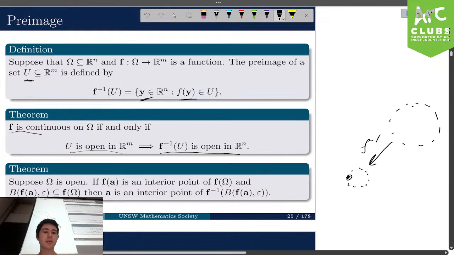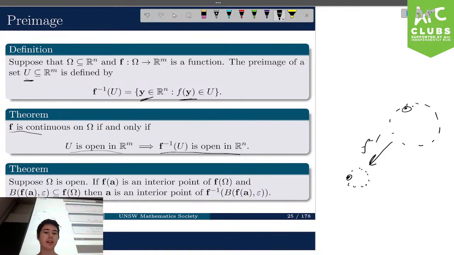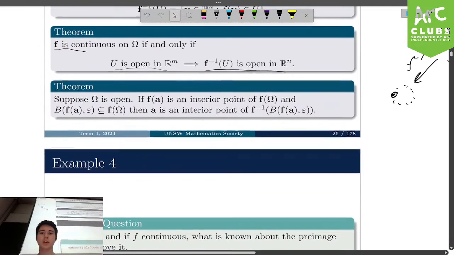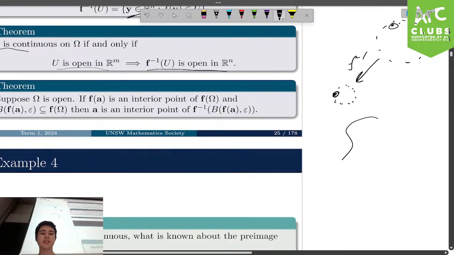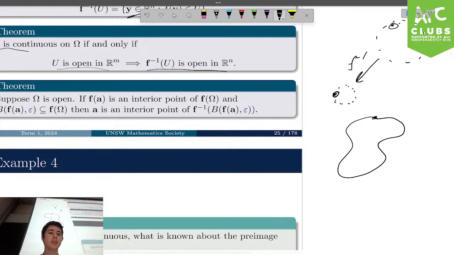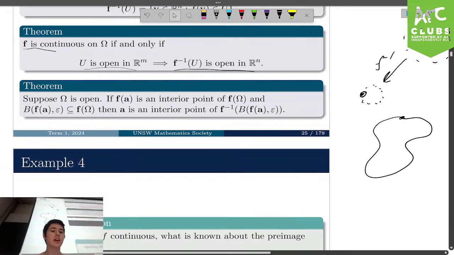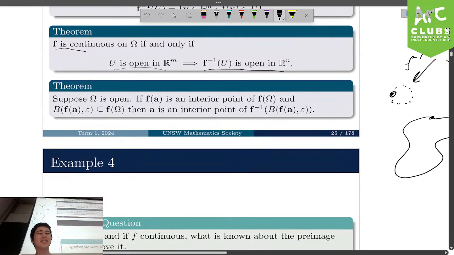So if I have some manner of ball over here, there's a ball around it, we know that that implies that there is some ball over here, yada yada, we have that inside this ball I can make a limit, which implies continuity. That's why we need to be a little bit touchy around sets with closed boundaries, because we cannot be certain that there's continuity at that boundary. Yeah, we kind of step into the void, the abyss, once we try and take a limit outside of our domain.